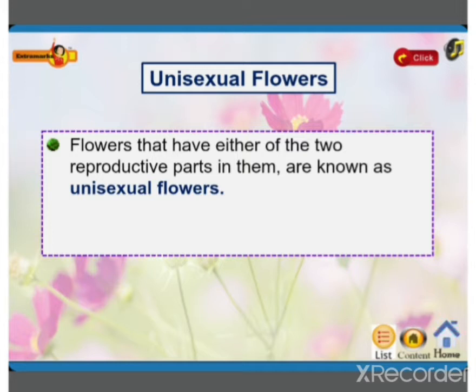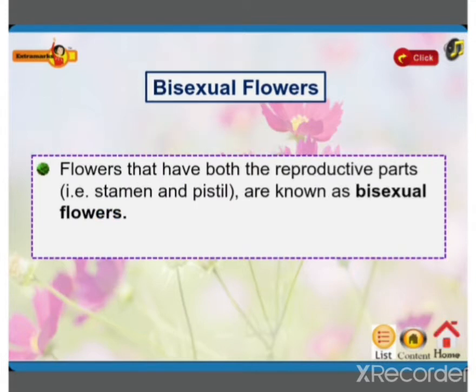Flowers that have either of the 2 reproductive parts, either stamen or pistil in them, are known as unisexual flowers. Next, we define the bisexual flowers. Flowers that have both the reproductive parts, both stamen and pistil, are known as bisexual flowers.